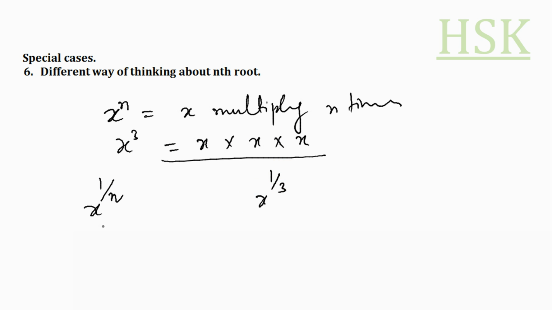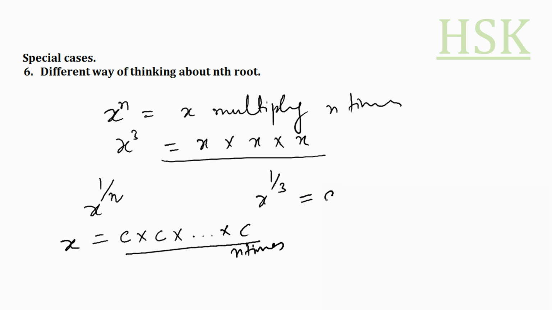So, when we talk about the nth root of x, this means a number c which is going to multiply n times, so that the product of c, n times, is equal to x. Similarly, x to the power of 1 by 3 means a number a which is going to multiply 3 times to give me x.